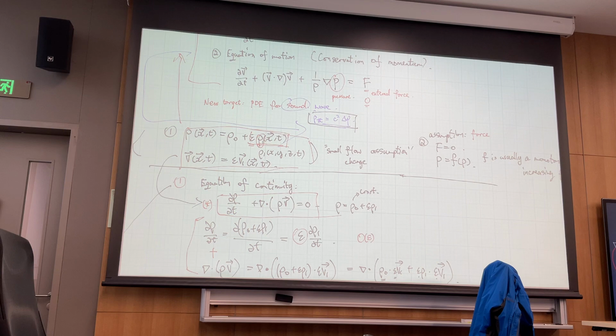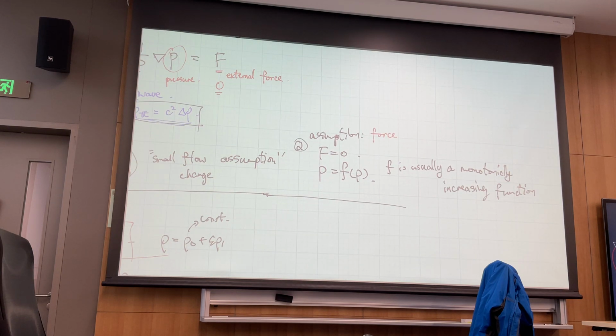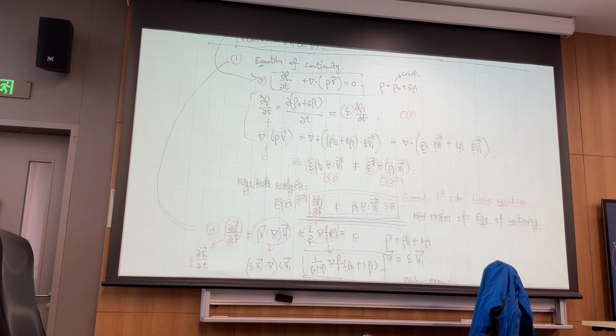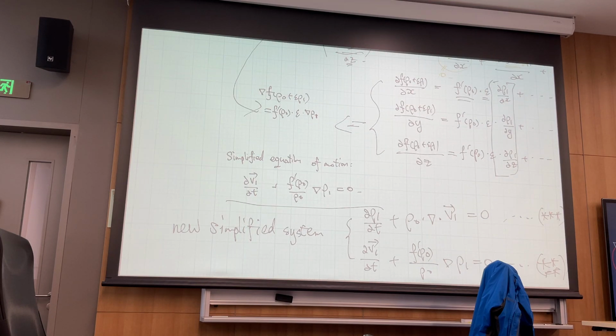Based on these two assumptions, and also assuming that the external force is 0 and the pressure is a function only of the density rho, finally we arrive at the new simplified system, which is a set of linear equations about rho 1, the small perturbation of the density, and v1, the speed.